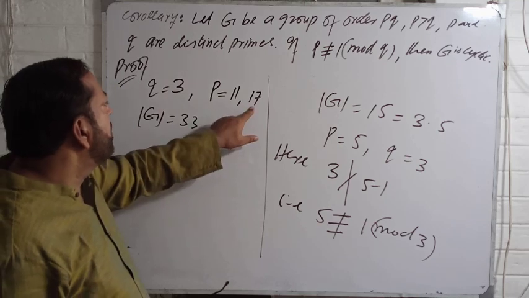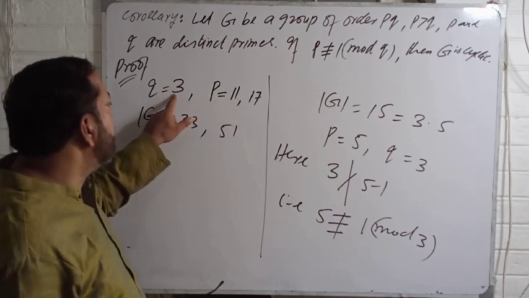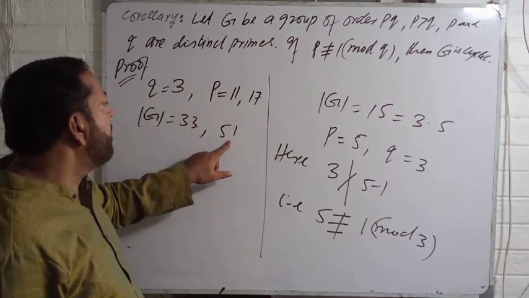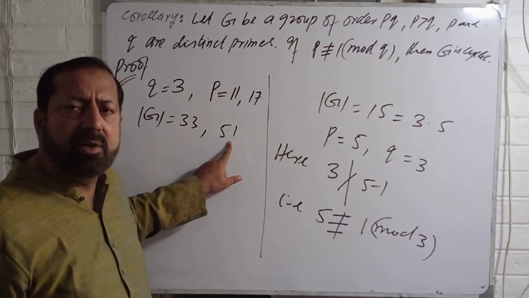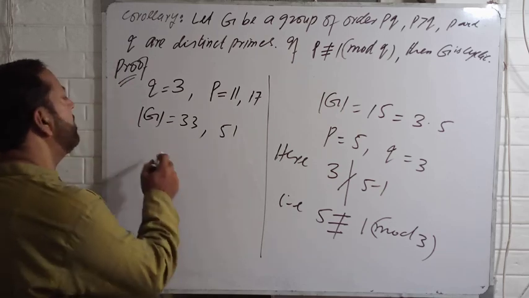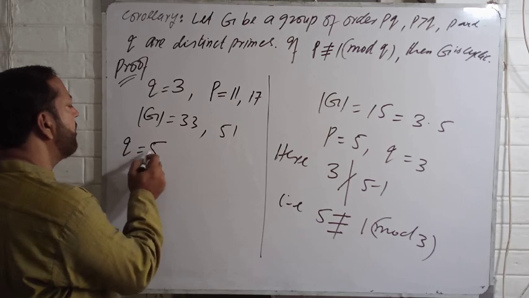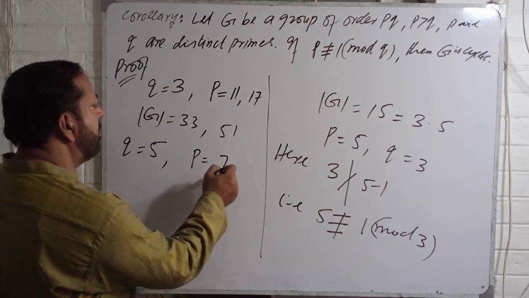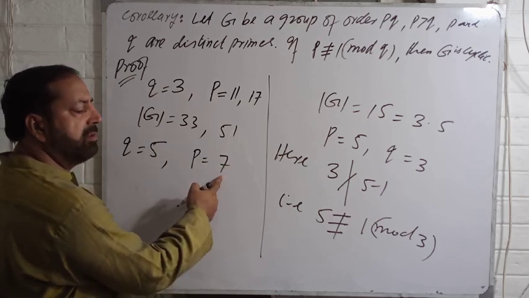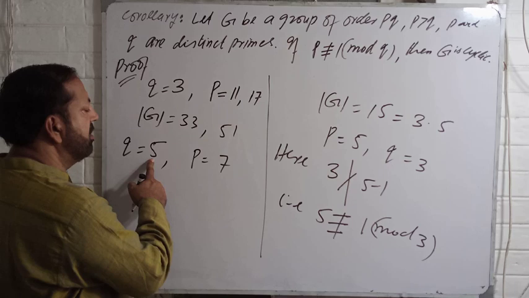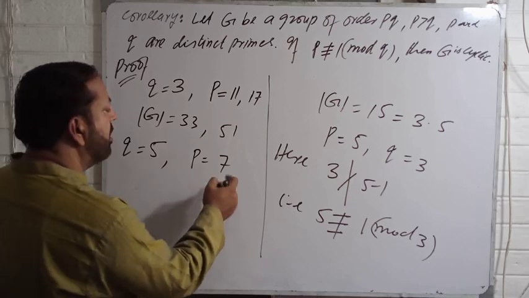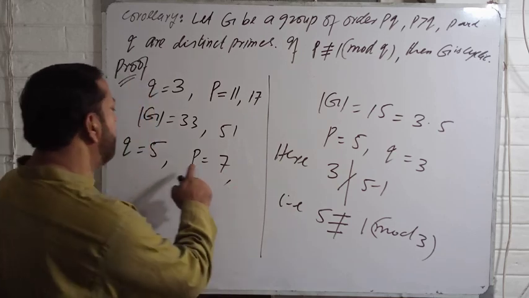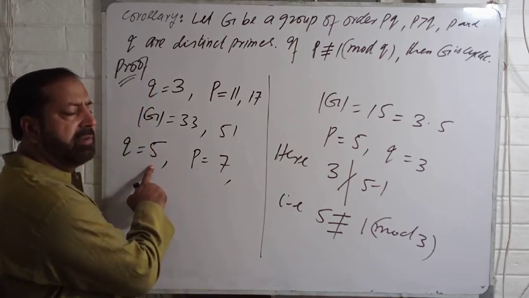Now see, 17 minus 1 is 16, 3 does not divide 16, both are distinct primes, and their product is 51. So there does not exist any non-abelian group of order 51, right? Similarly, if you take Q as 5, then move forward, you take P as 7, it will work, yes, since Q does not divide P minus 1, which is 6. Then if you take P as 11, 11 will not work because 5 divides 10.